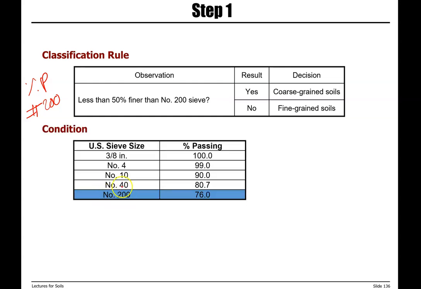Percent passing from sieve number 200 is 76%. Less than 50%? No, 76 is more than 50%. So the answer to the question is no, which means that we have a fine-grained soil.